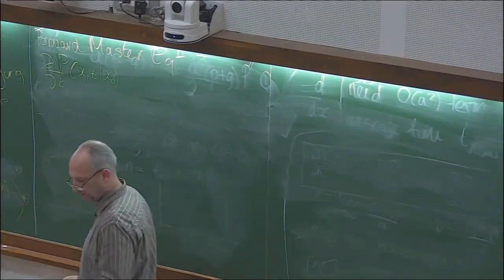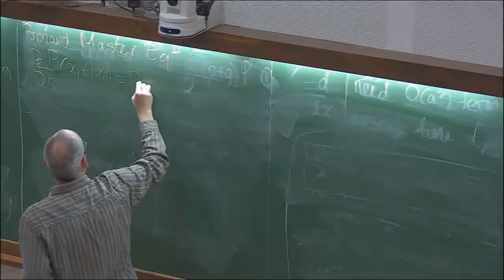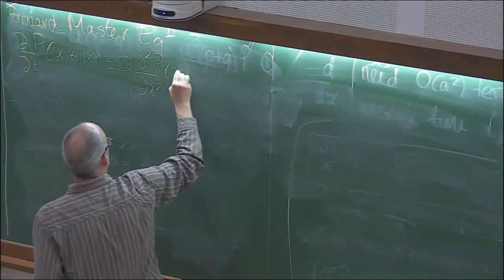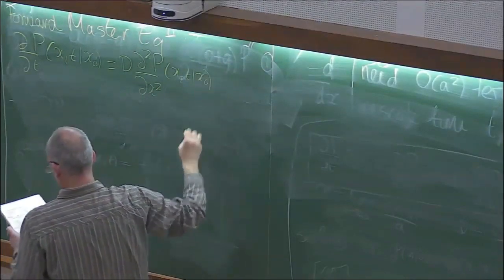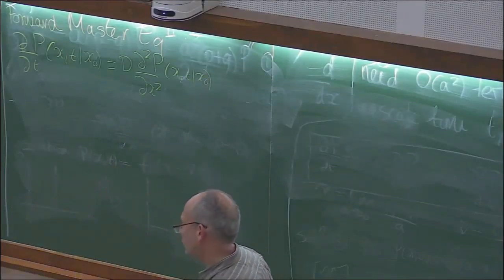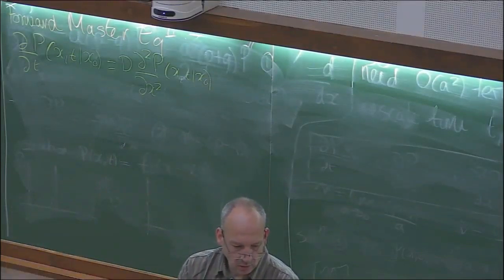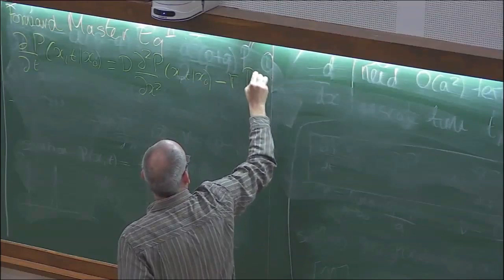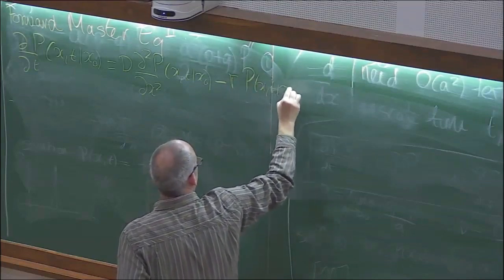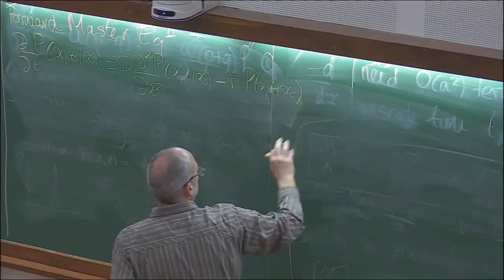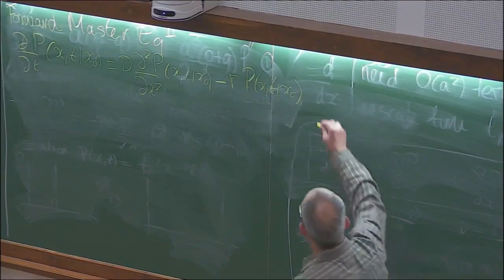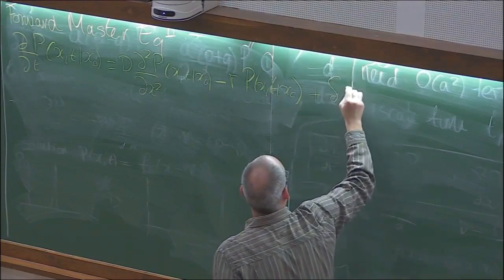So I'm going to have diffusion. This is the forward equation, so the derivative with respect to x. Then I'm resetting from anywhere with a rate r, so I'm going to get a loss term, minus r P of x, t, given x naught. And then when I reset, I go back to the origin, so if x is x naught, then I have a gain term.